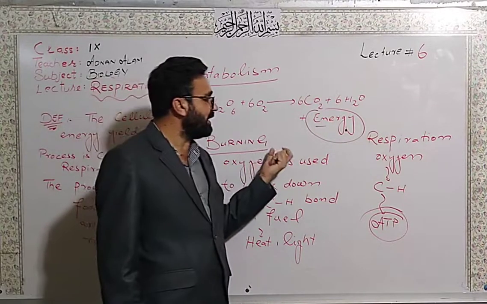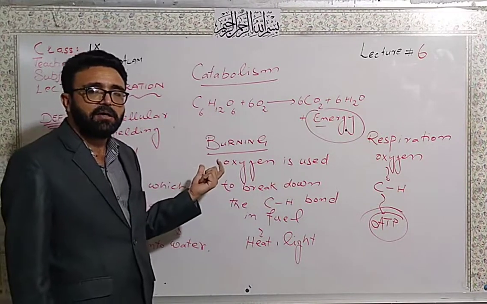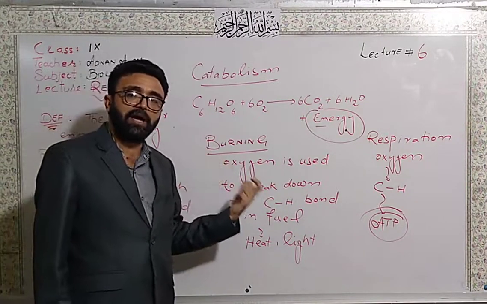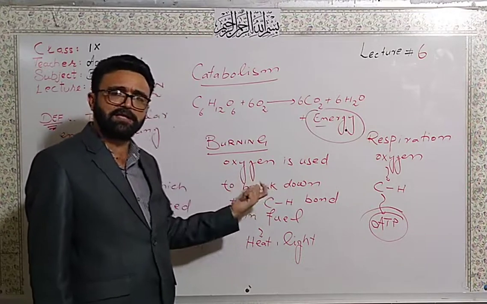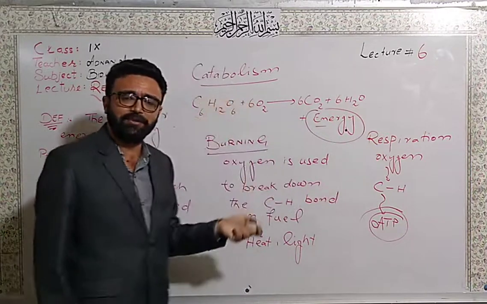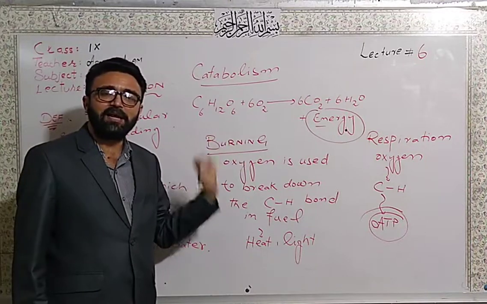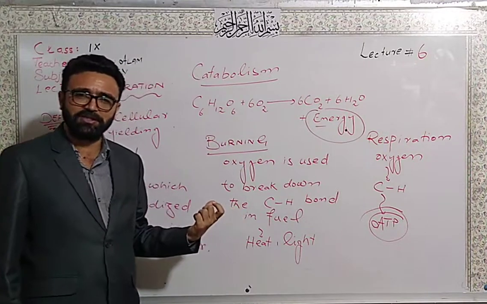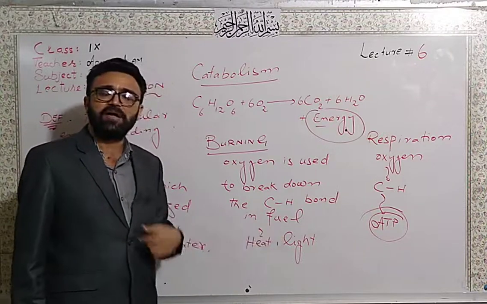Second, burning doesn't need any biological catalyst like an enzyme, but respiration is wholly an enzymatic process. Burning in a living structure is not possible because it will release uncontrolled heat and damage the cell.